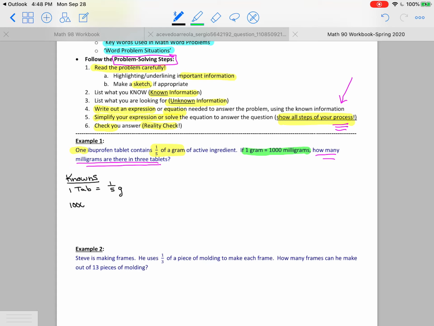I think it's ibuprofen, yeah. I also know that 1,000 milligrams is equal to 1 gram. So there's my known information. My unknown information, or what I'm looking for, is the number of milligrams in 3 tabs.